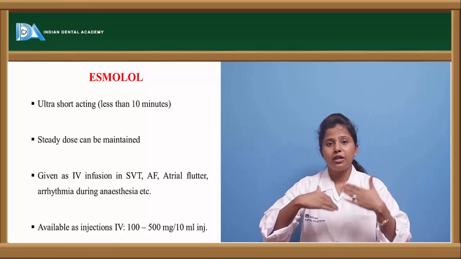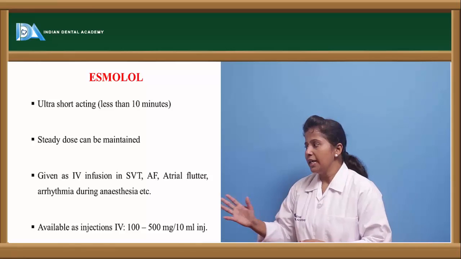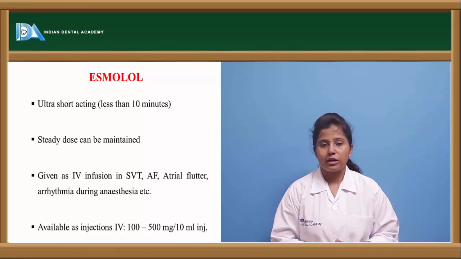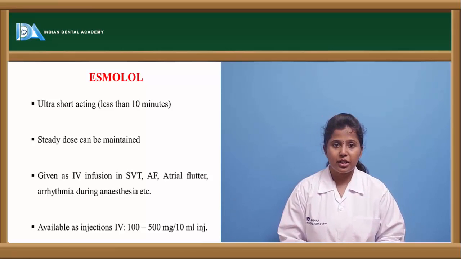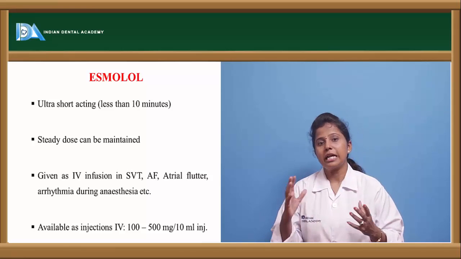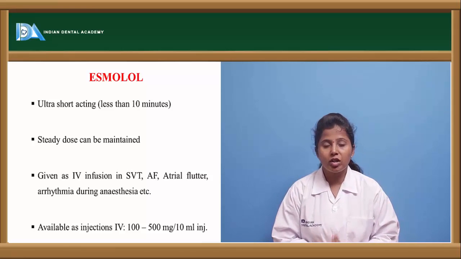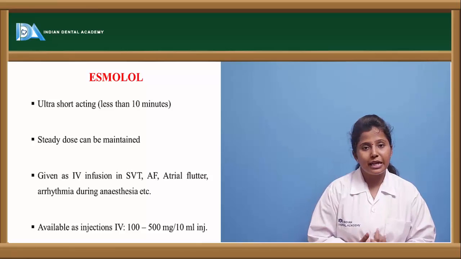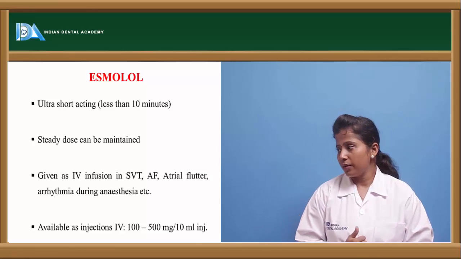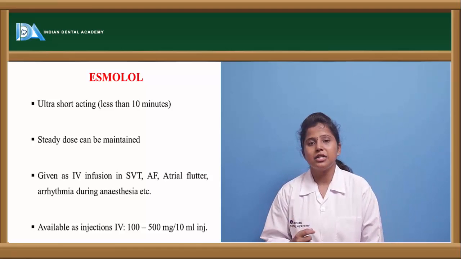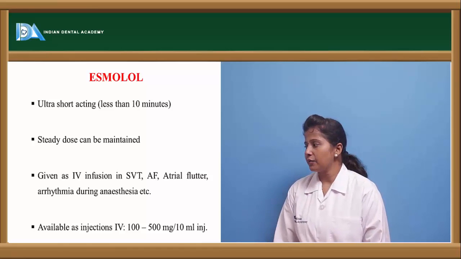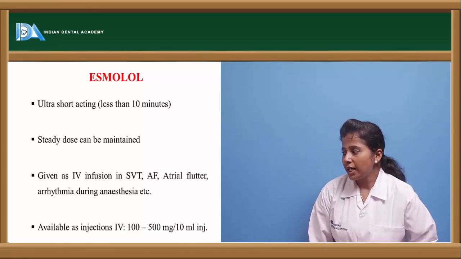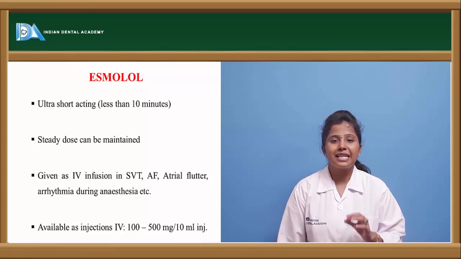If the IV infusion is not given properly, it leads to atrial flutter and arrhythmia during anesthesia conditions. So during anesthesia, if this drug is administered, we should be very careful while giving it by IV route. The dose recommended for esmolol is about 100 to 500 mg for 10 ml.